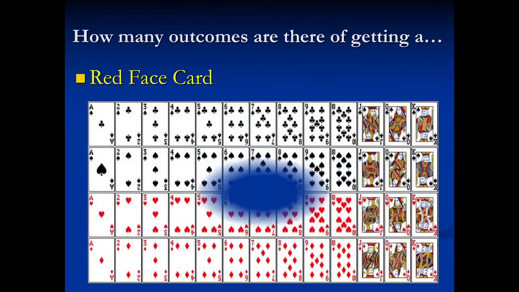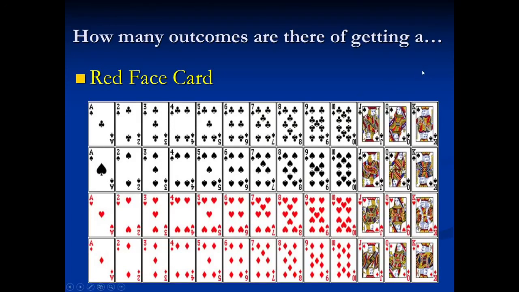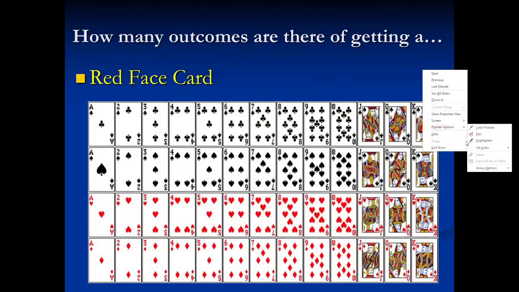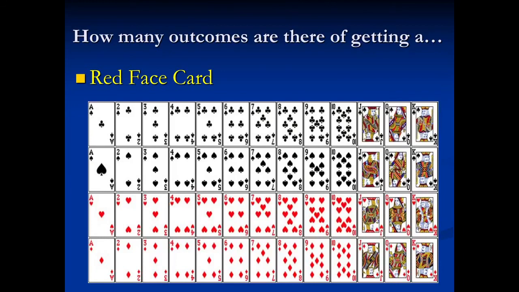Okay, let me show you the cards now. Red face cards. How many? Why 6? Where do you get the 6? So you tell me where the 6 is. Okay. This one.